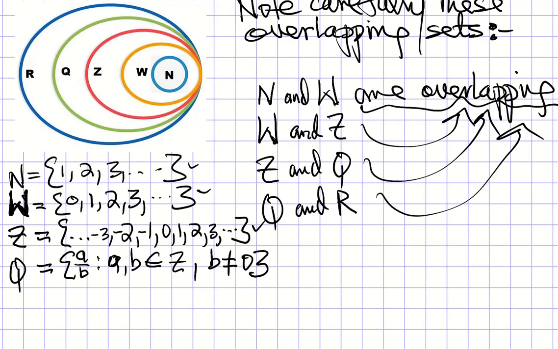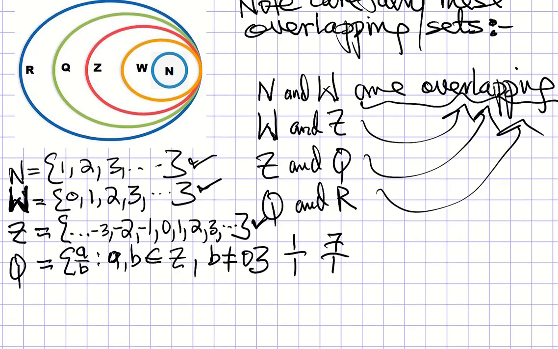Notice that 1 over 1 is in set Q. Notice that 7 over 1 is in set Q. So set Q has a lot of things in common with set Z, with set W, with set N, because you can derive everything in set Q from any of the sets above.